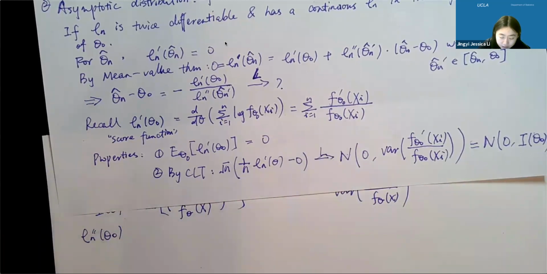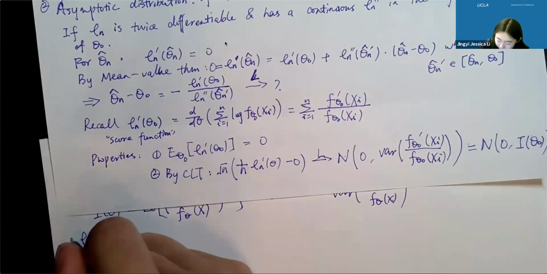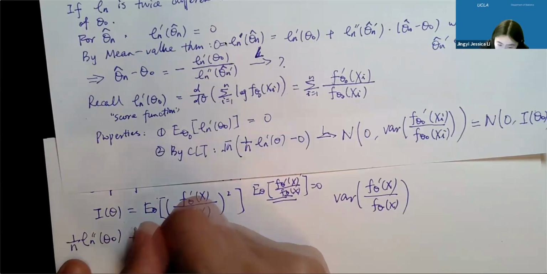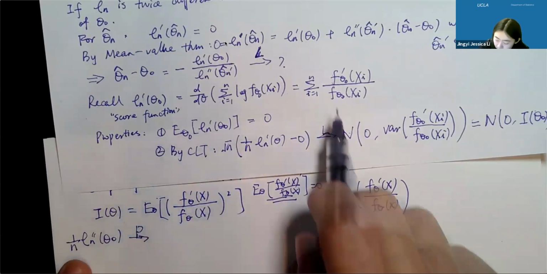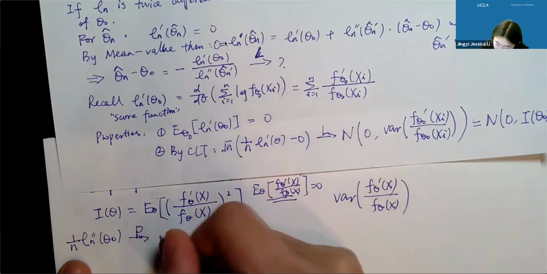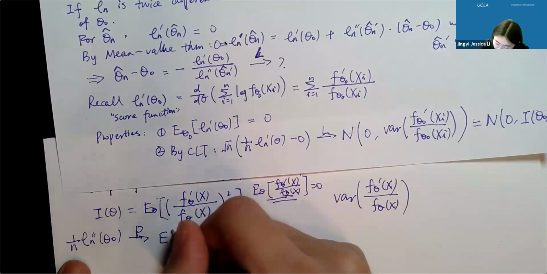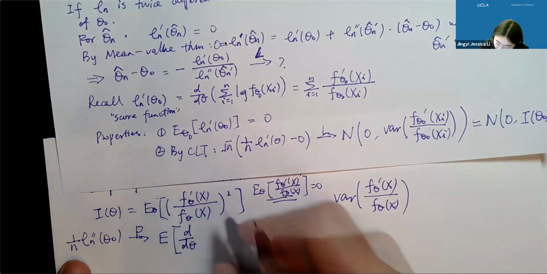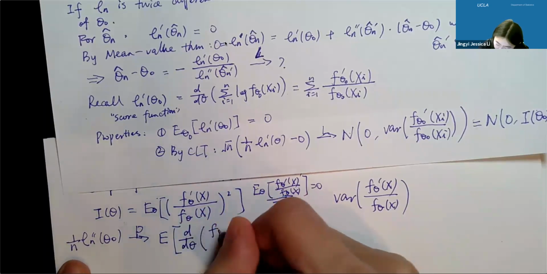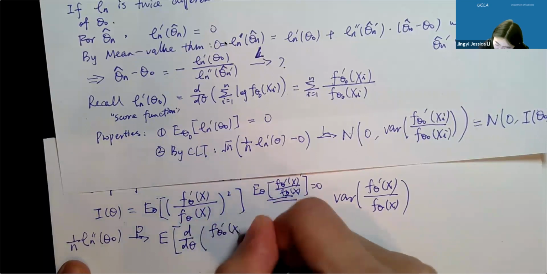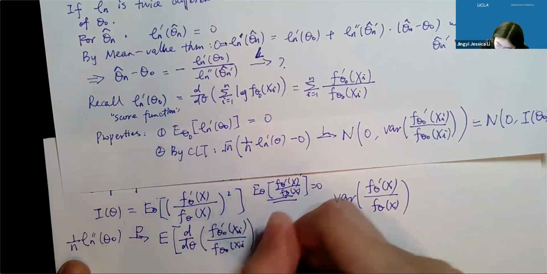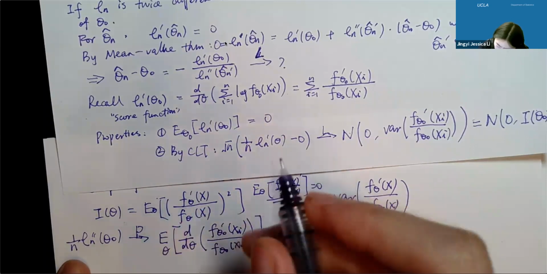That means if I divide it by n, it converges in probability to the expectation of this d theta term at x_i, theta 0.